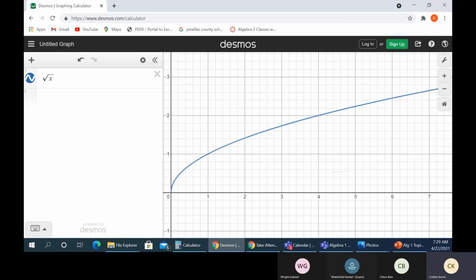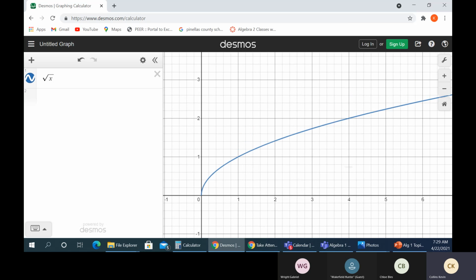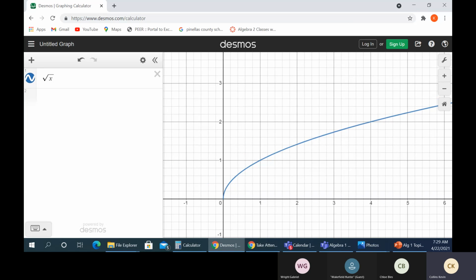And if we go way out here, if we do 9, the square root of 9 is 3, so you get 9, 3. So the square root function will continue to go up, it just doesn't go up very fast. Okay? All right, so back to our regularly scheduled program.